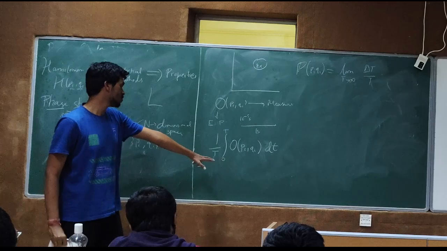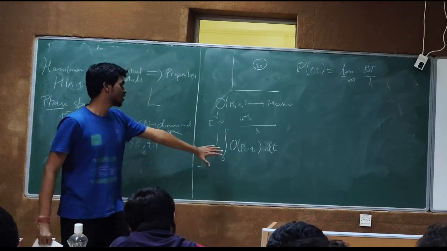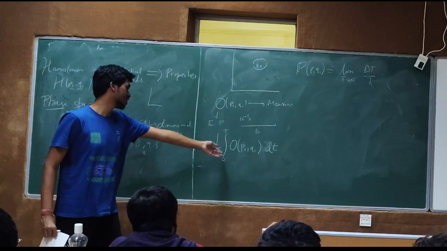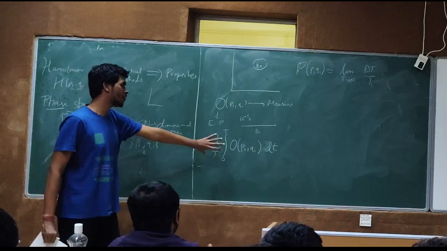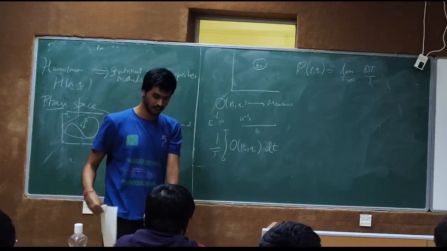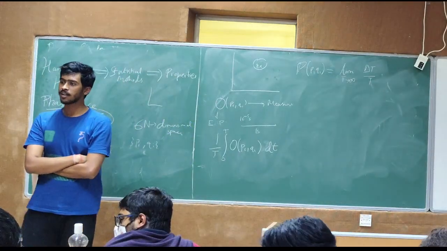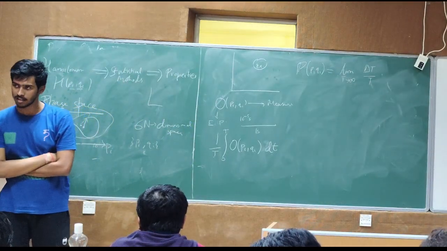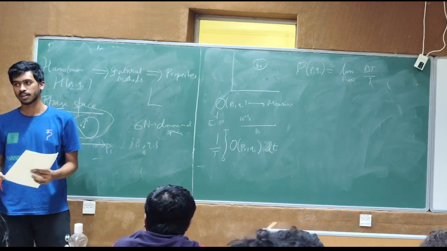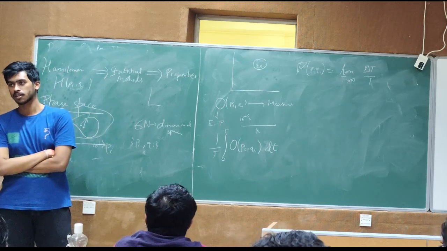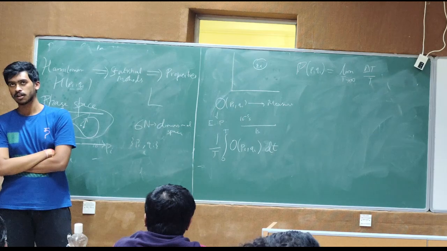Over time, your quantity changes, and you measure your quantity over the time from 0 to t, and the average value is your measurement divided by t.